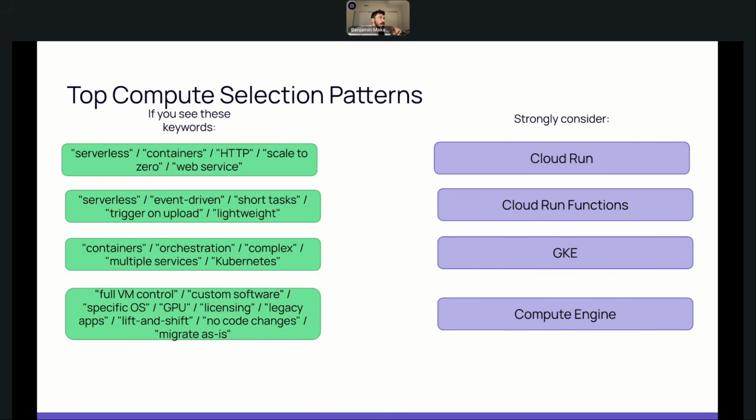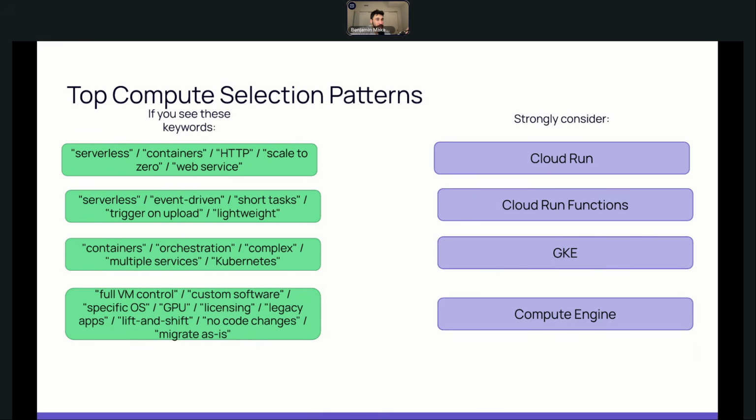Okay, different approaches to compute selection based on patterns. We went over Cloud Run, so I'm not going to go through that again, but Cloud Run functions, which is the new name for Cloud Functions, is also a serverless service, specifically for event-driven workloads and short tasks.